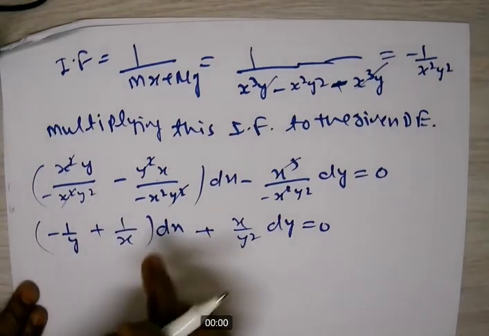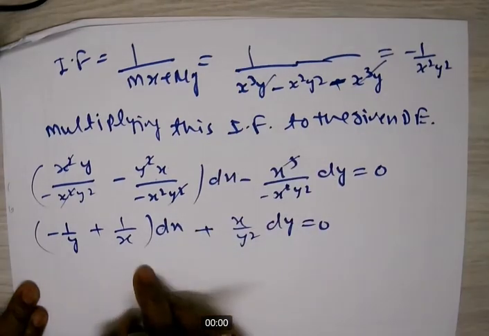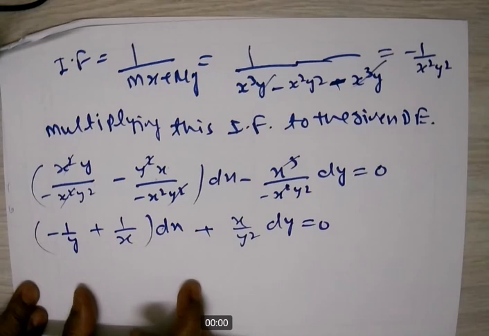Now after multiplying the given differential equation by the integrating factor, automatically this differential equation becomes exact, because we are studying non-exact differential equations, or you can say equations reducible to exact form.